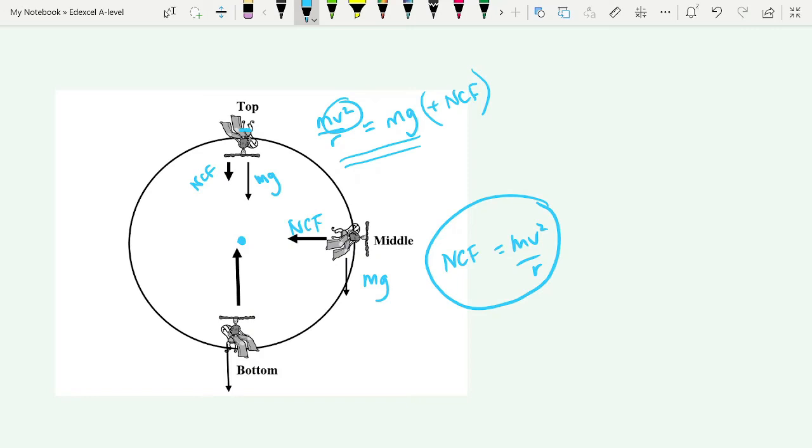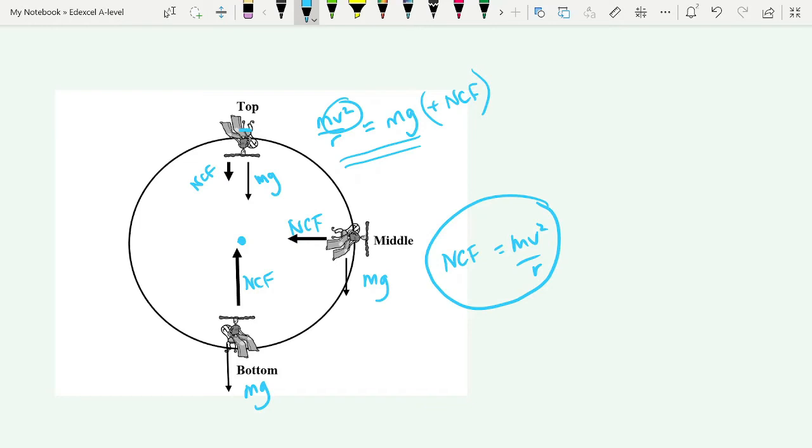Down at the bottom, so let's label our forces again. This time, mg is acting in the opposite direction to the center of the circle. And the force that's acting towards the center here is the normal contact force. That means that the normal contact force must be the force that's providing the centripetal force.